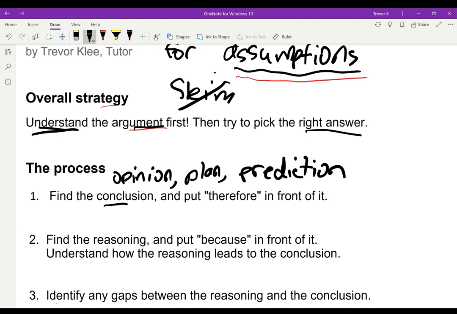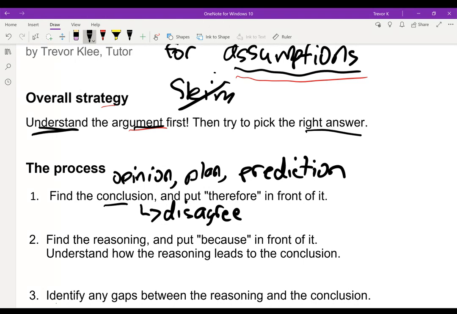The reason why we put "therefore" in front of it is we want to understand it as a conclusion. It's something that the rest of the argument leads to. Therefore this. It's really important that the conclusion is something that we can disagree with. So it can't be a fact or a premise. It needs to be something that can be disagreed with, which is what makes it a conclusion.